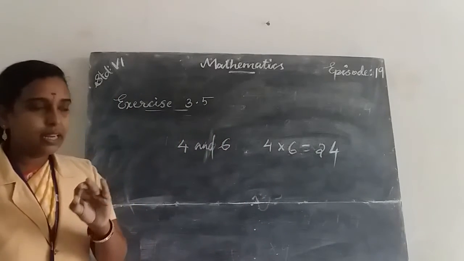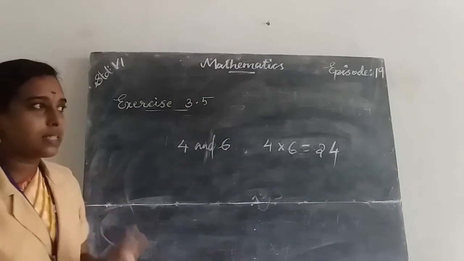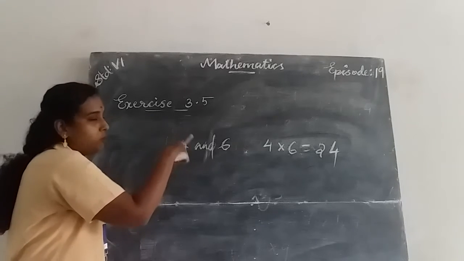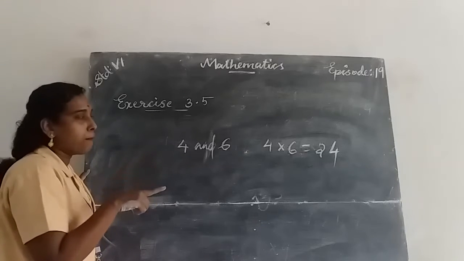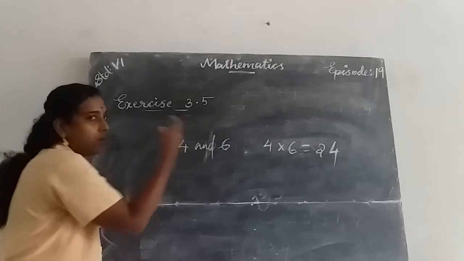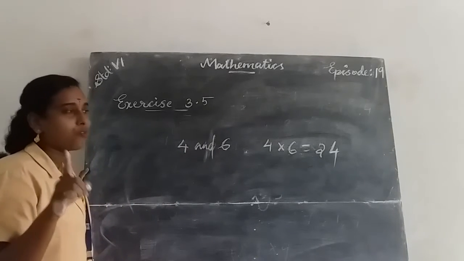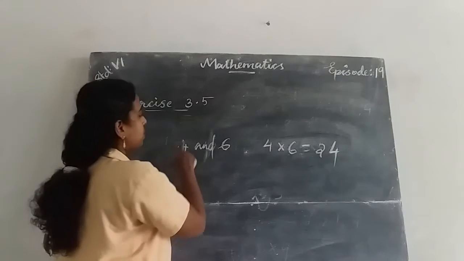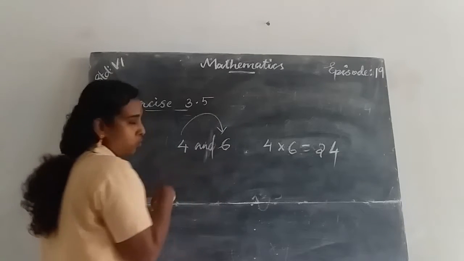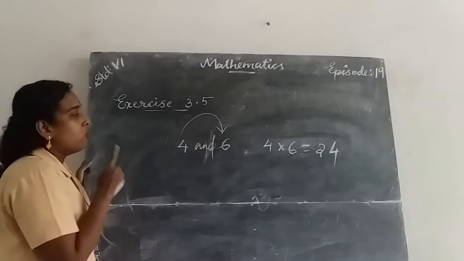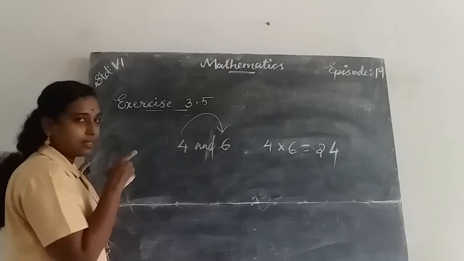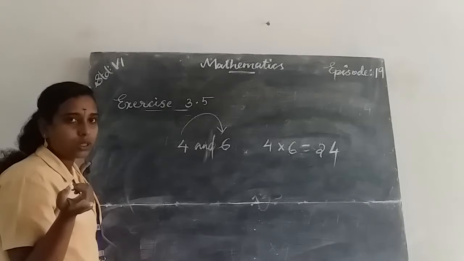So here the question is, if the number is divisible by 4 and also divisible by 6, then we want to find whether the number is divisible by its product or not.